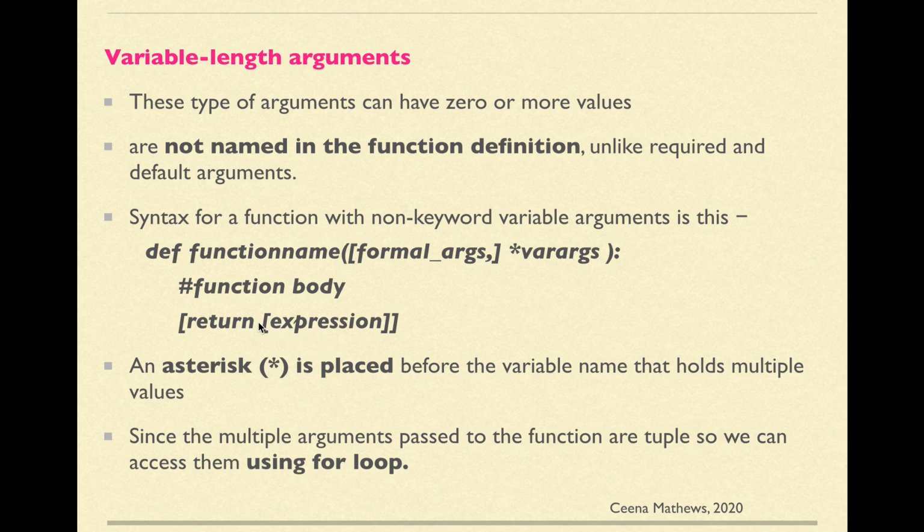You can simply give return without any expression. And the asterisk is placed before the variable name that holds multiple values. Since the multiple arguments passed to the function are collected as a tuple, this varargs is a tuple, which means it can have multiple values. Each value in the tuple can be accessed using a for loop. We'll see an example for this.